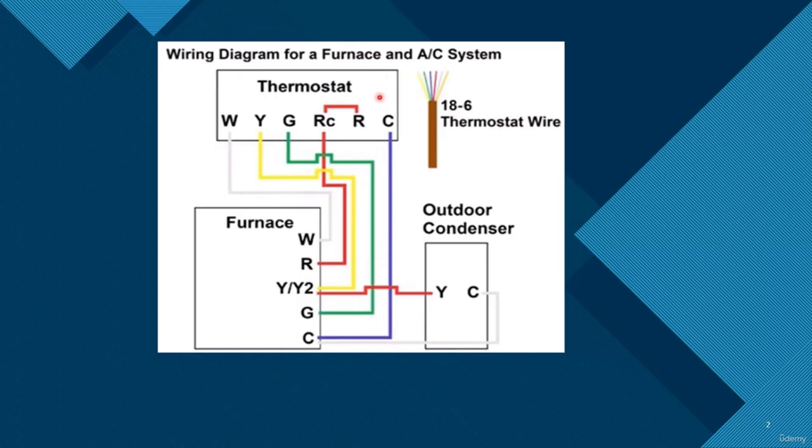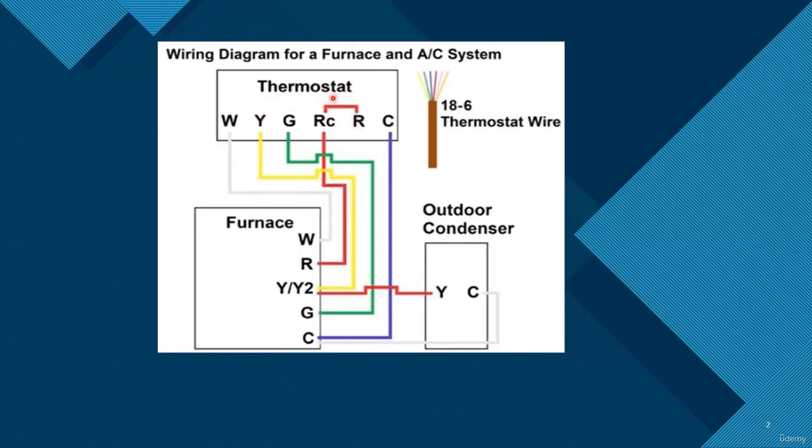Okay, so basically all a thermostat does is take one point and connect it to another. So in the air conditioning mode, you'll always have 24 volts on the control board. So that 24 volts comes up here, it stops. With the thermostat off, it's just going to have power there. Now when you turn the thermostat to cooling and lower your temperature, it's going to connect to the Y internally on the thermostat.